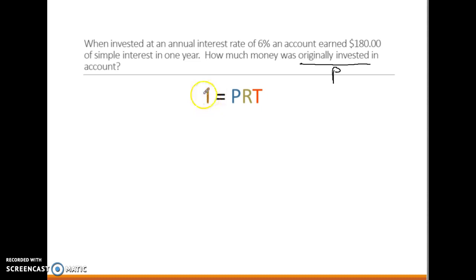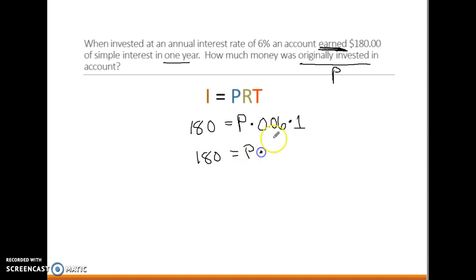I is the interest earned, or the simple interest. Look for that word earned. So money earned, 180, is going to go in for I. We don't know P. Our rate is 6%. As a decimal, this would be 0.06. And our time is 1 year, so we'd multiply by 1. Simplifying this equation, we'd have 180 equals P times 0.06 times 1, which is 0.06.